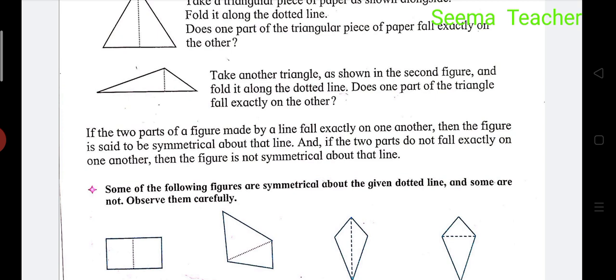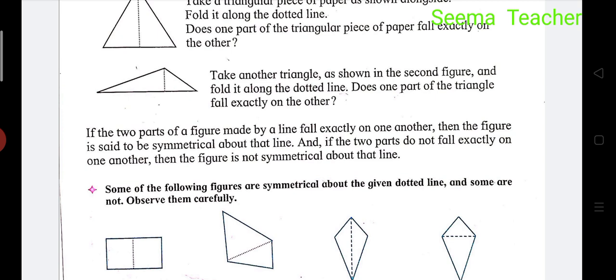If the two parts of the figure made by a line fall exactly on one another, then the figure is said to be symmetrical. See here, if the two parts of the figure made by a dotted line fall exactly on one another, then the figure is said to be symmetrical about that line. I just told you.